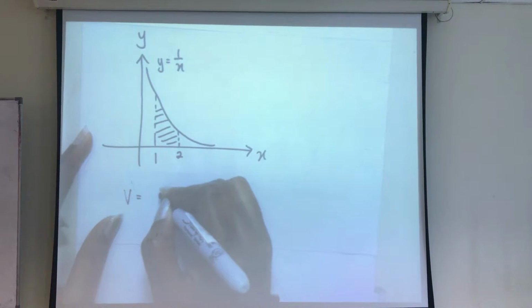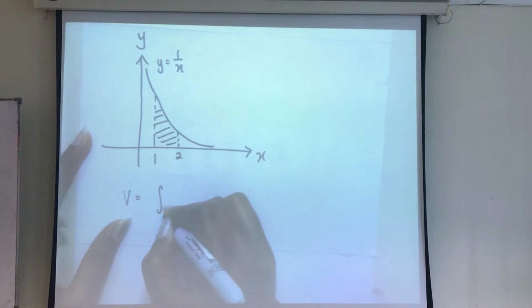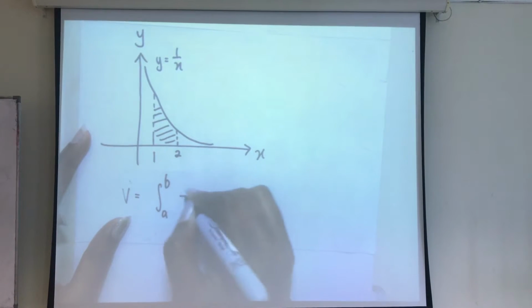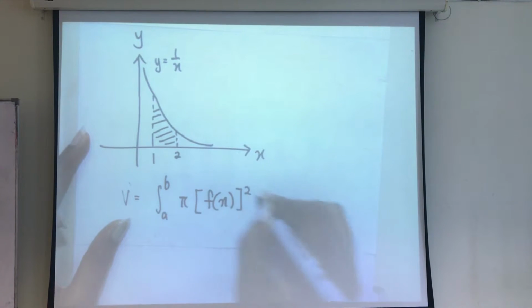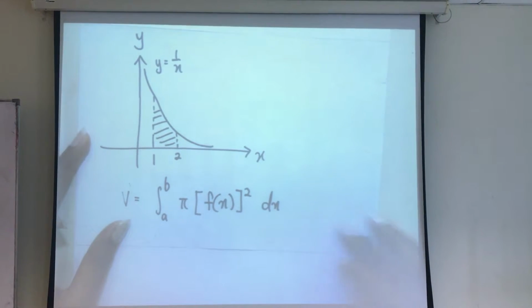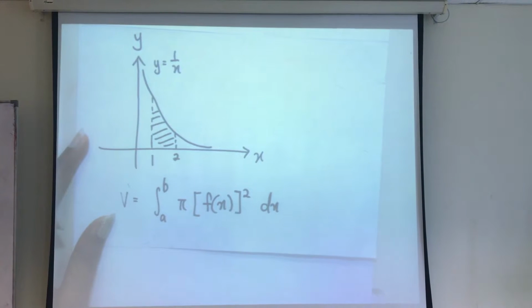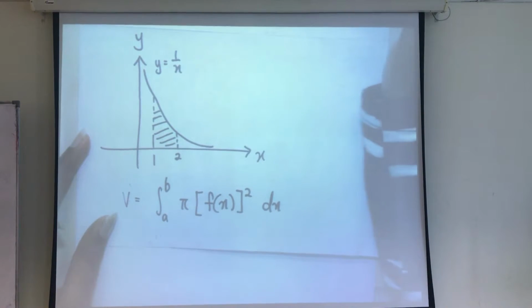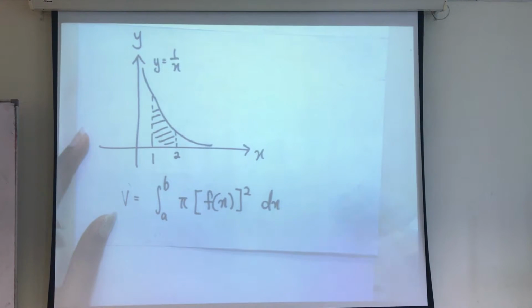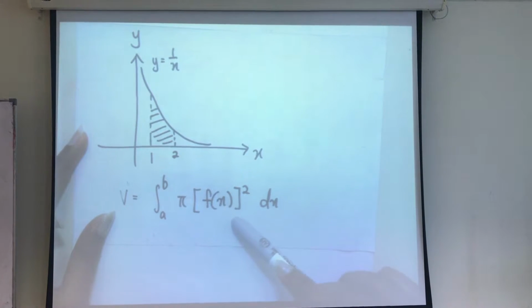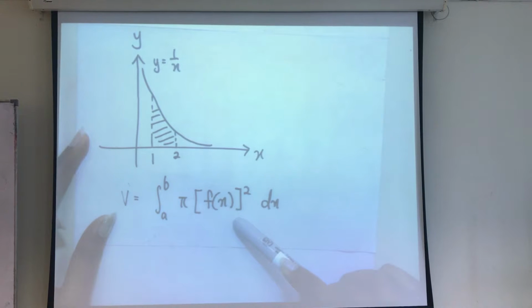V equals the integral from a to b of pi f(x) squared dx. In this case, we'll be using dx because we are rotating about the x-axis. If we rotate about the y-axis, we'll be using all the terms inside here in terms of y, and dy.